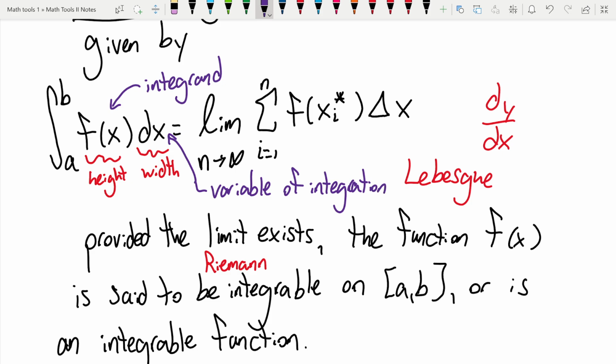And then the a and the b are known as the limits of integration. Not in the sense of an actual mathematical limit that we're doing, more in the plain English sense of the word. Those are the limits, those are the parts that we're looking at, right?